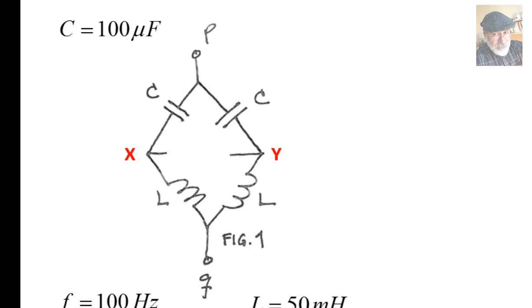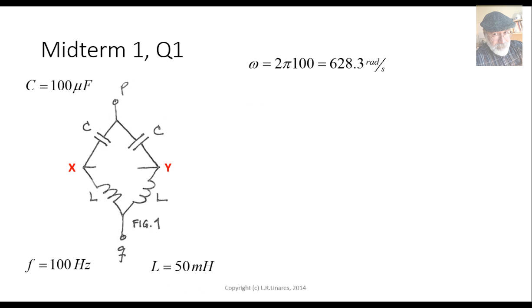Now we convert those reactors to impedances and put them in series and then in parallel and be done with that. Let's do that. Omega is 2 pi 100, 628 radians per second. So the impedance of the inductors is j omega L, j31 ohms.